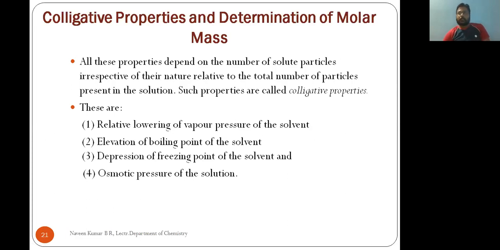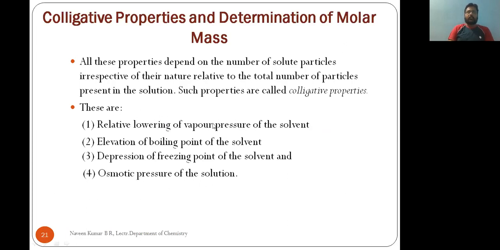If we observe, there are 4 such colligative properties: relative lowering of vapor pressure, elevation of boiling point, depression in freezing point, and osmotic pressure.